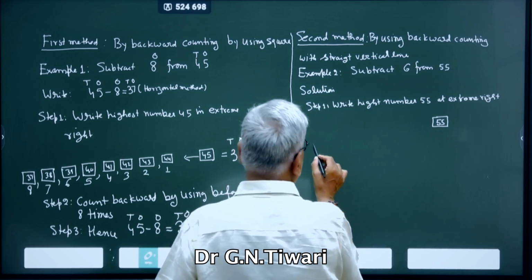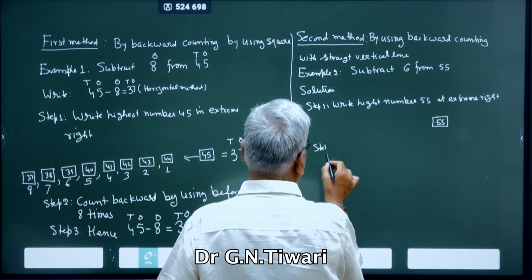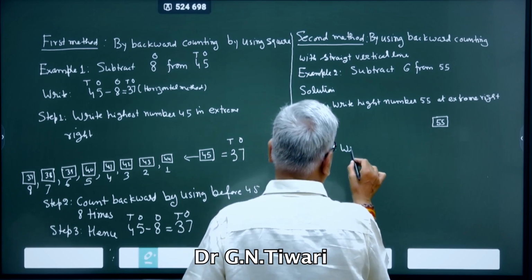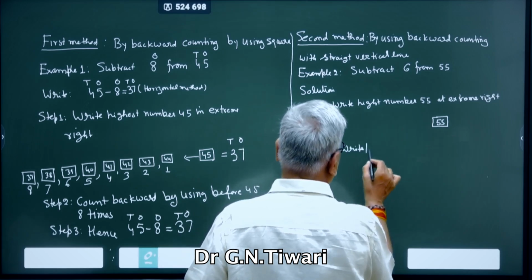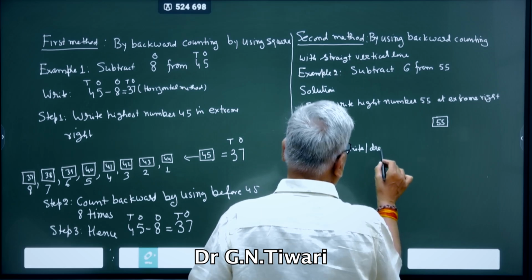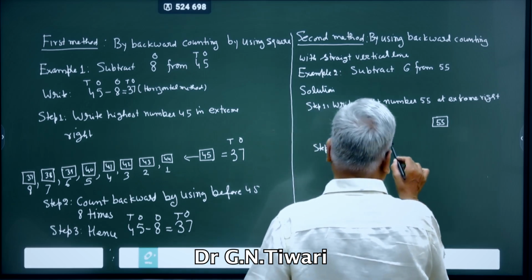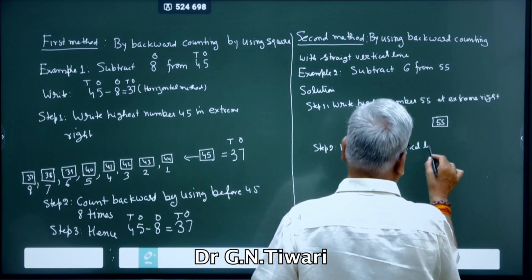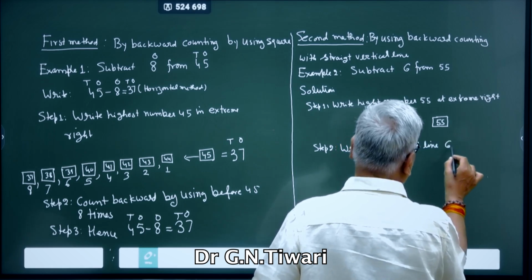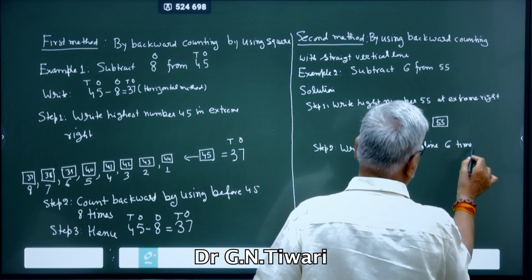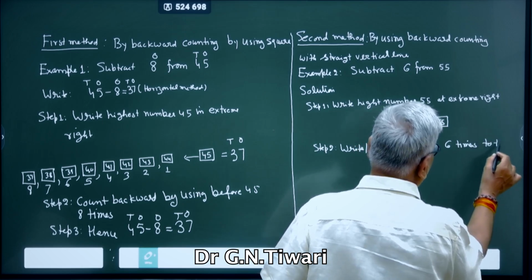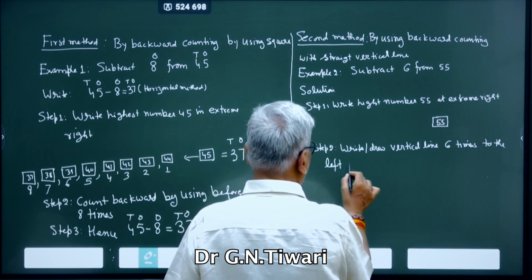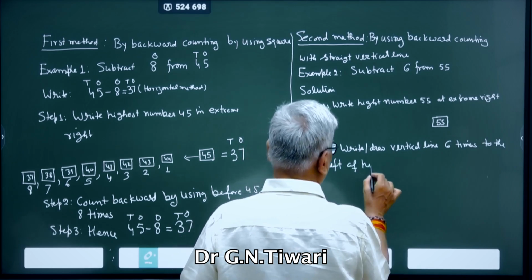Step 2. Write or draw the vertical line 6 times to the left of the highest number.